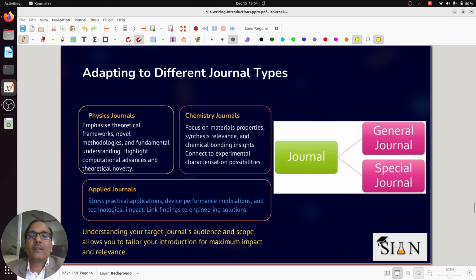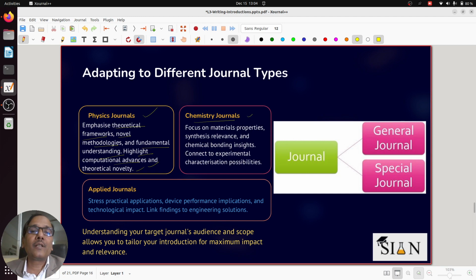Adapting to different journal types: we have different types of journals, and we follow that journal type. For physics journals, if you want to publish your article in a physics journal, you have to give emphasis on theoretical framework, novel methodology, fundamental understanding, and highlight computational advances and theoretical novelty.